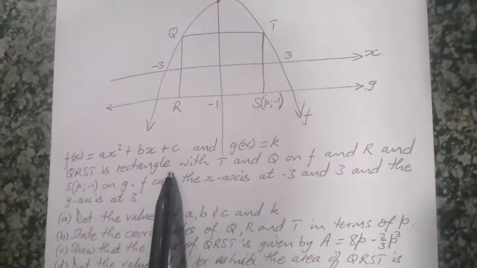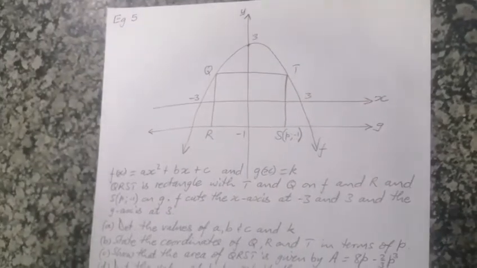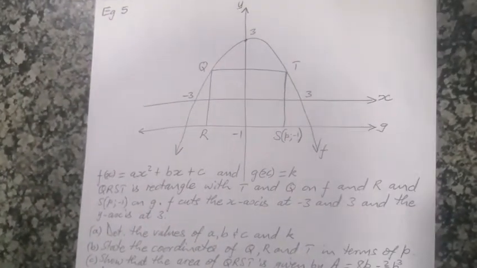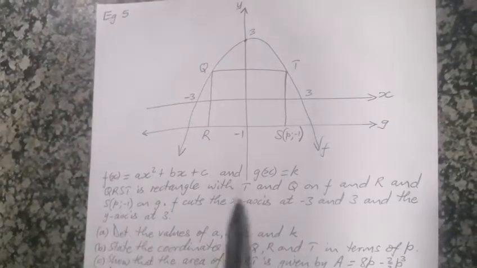QRST is a rectangle. As I said, this is a rectangle, and the properties of a rectangle are that opposite sides are equal and each interior angle is equal to 90 degrees.